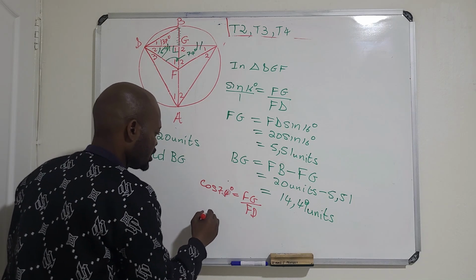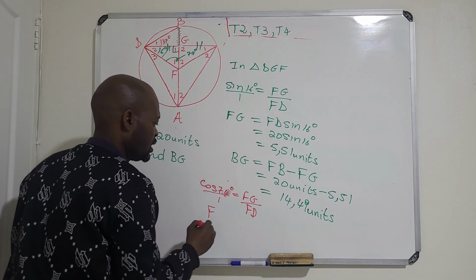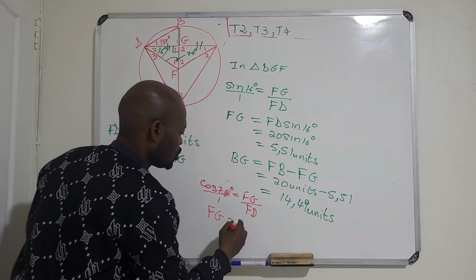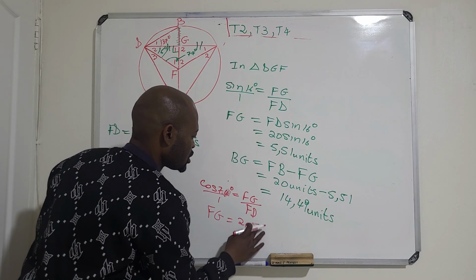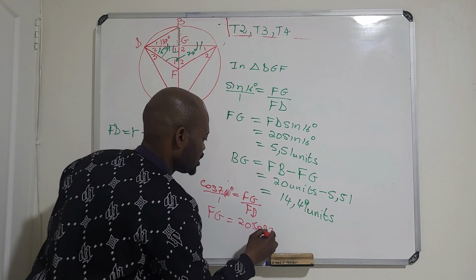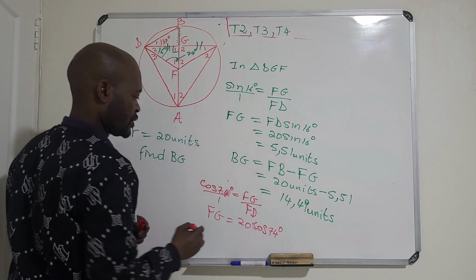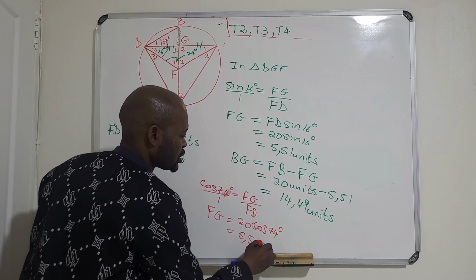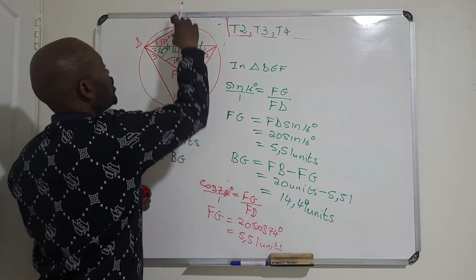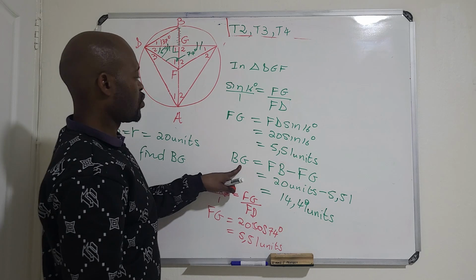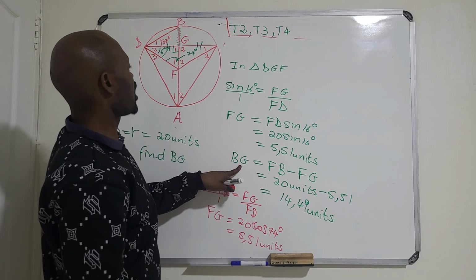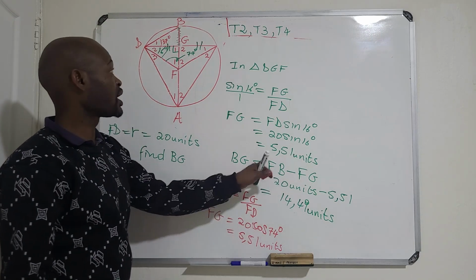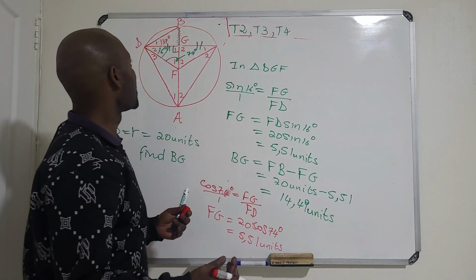Therefore, cross multiply, FG is equal to 20 cos 74 degrees, which is going to be 5.51 units. Then we're still going to use the same thing there. BG is equal to FB minus FG, which is 20 minus that, the same thing as there. That's if we wanted.